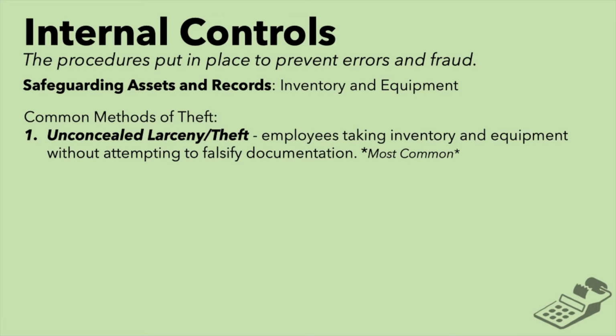Now, again, the dollar value impact of this likely is not as significant as some other kinds of fraud, but it is the most common type of fraud. Employees simply walk off with stuff that their business did not necessarily give them permission to take, or they simply steal things that are for sale in the store.